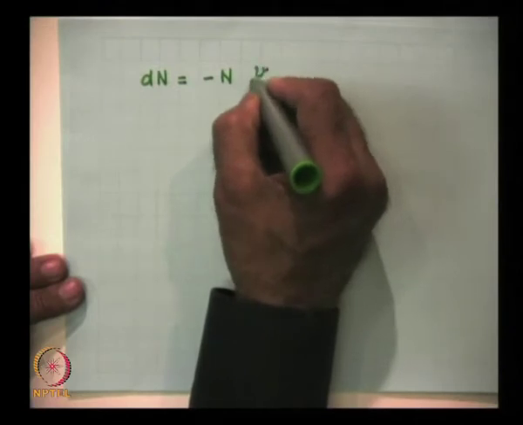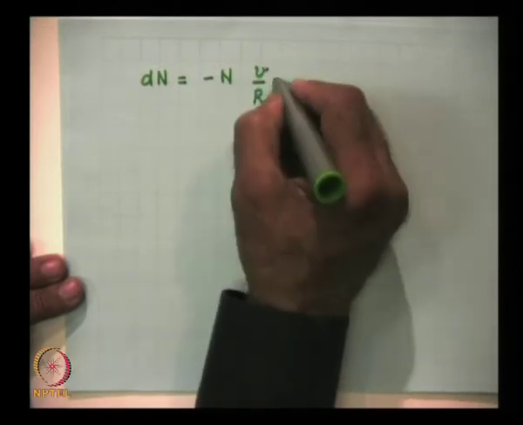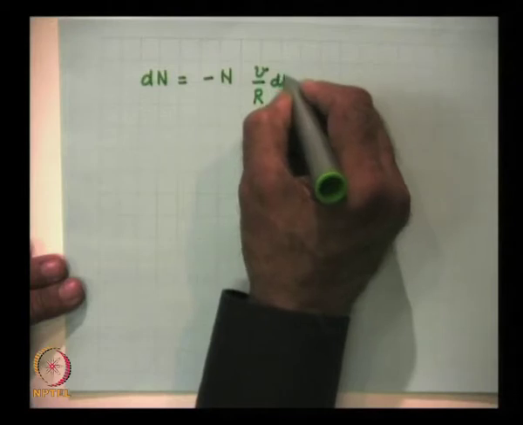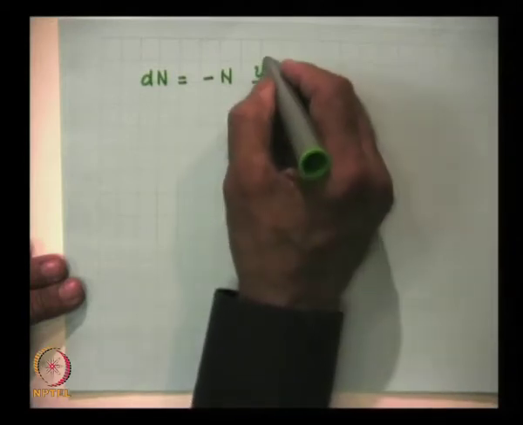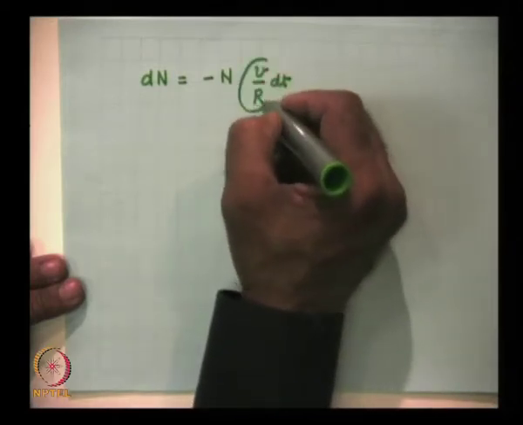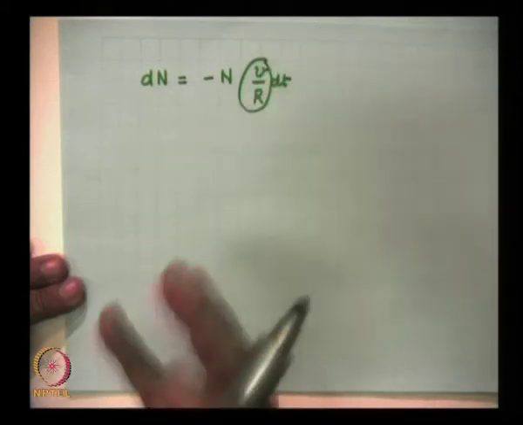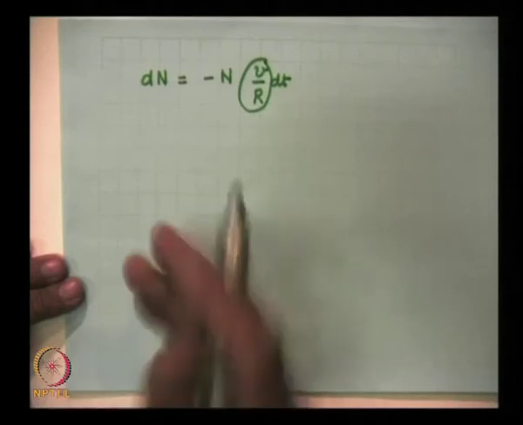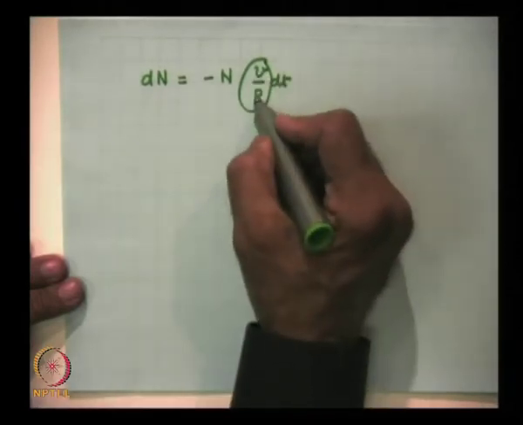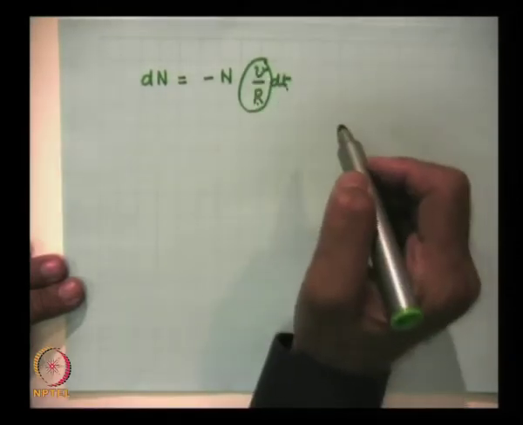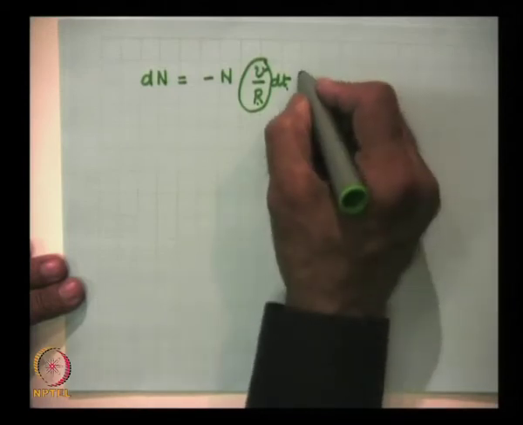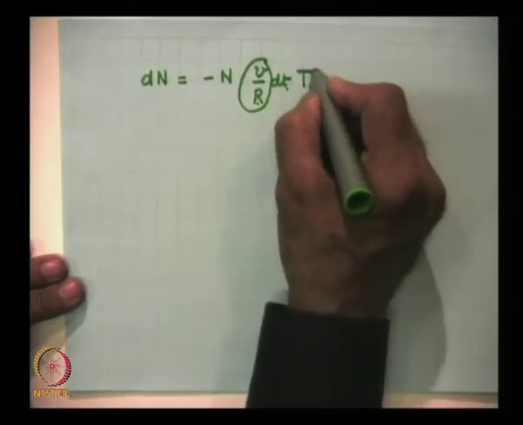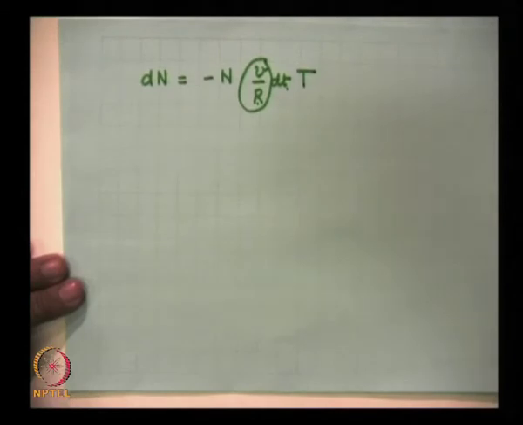That will be about v by r times dt in time t. The number of times the alpha particle hits the spherical surface of the nucleus per second is v by r. So in time dt it is so much, and each time the probability that it tunnels through is so much.